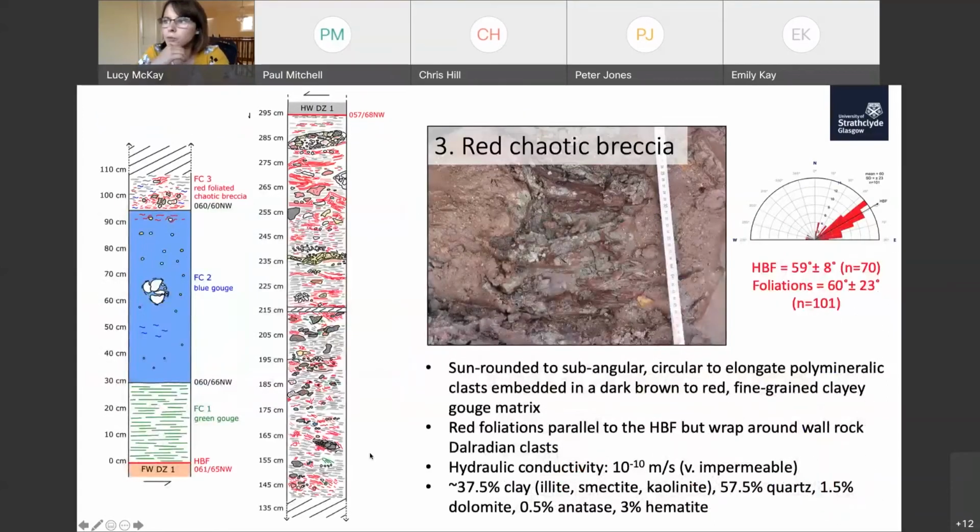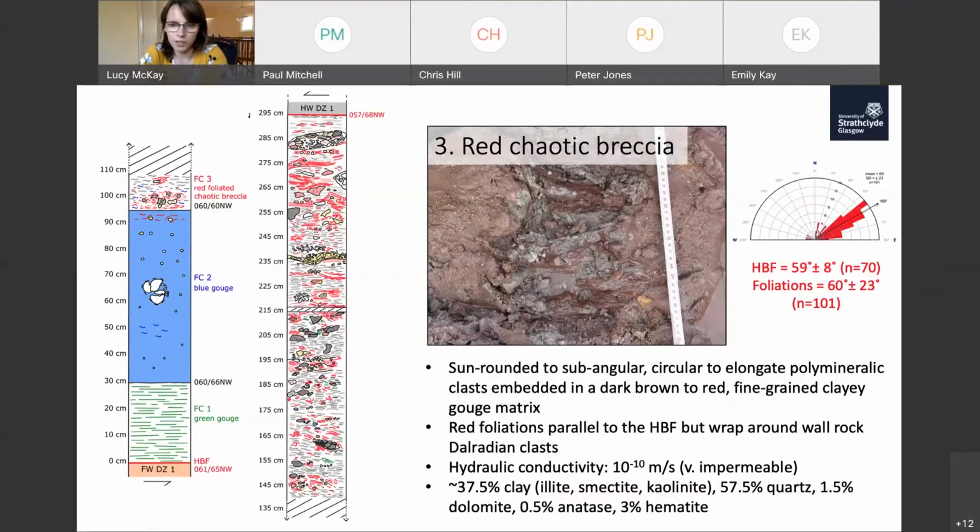So the red foliated chaotic breccia itself consists of sub-rounded to subangular, circular to elongate clasts embedded within this dark brown to red fine-grained clay matrix. The foliations, which are hematite, define a clear structural fabric, and the fabric itself is generally aligned parallel or subparallel to the Highland Boundary Fault.